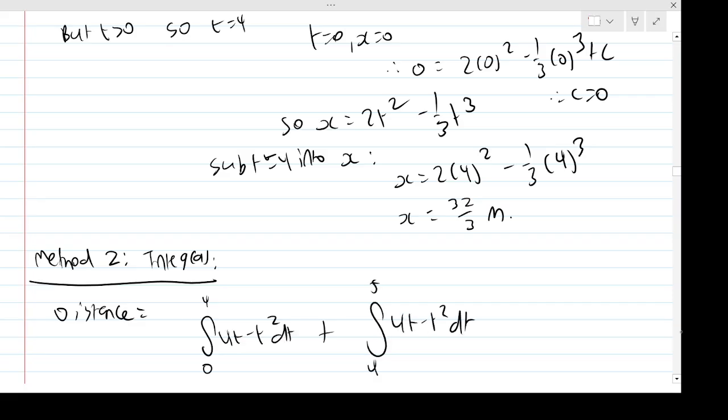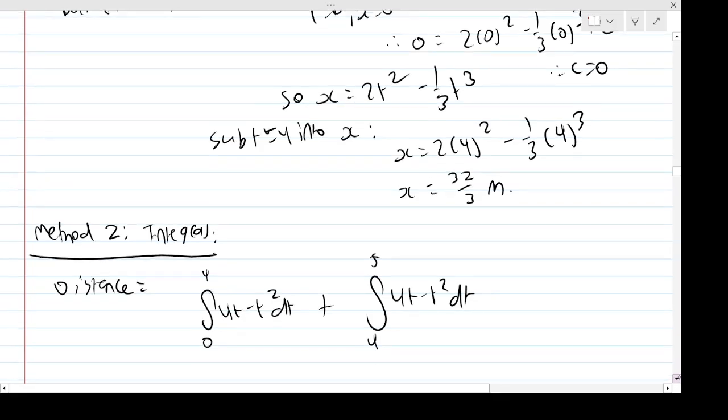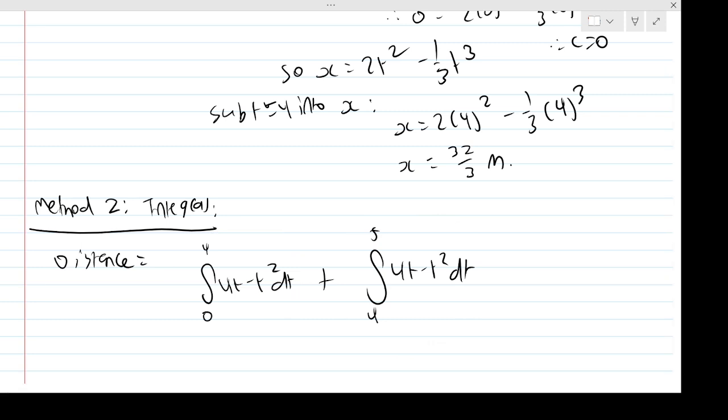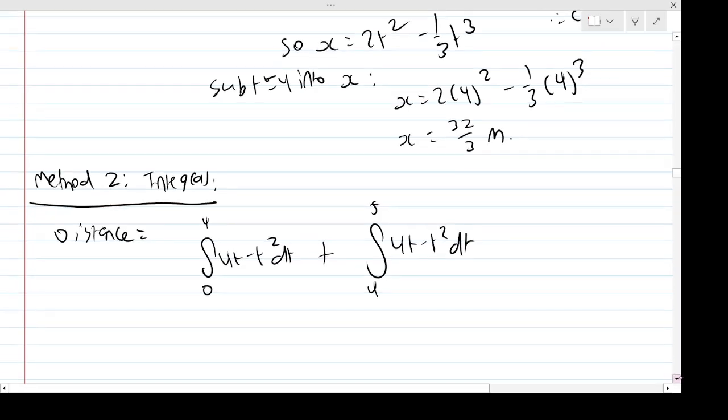The idea is I expect one of these integrals to be negative. I don't know which one, it doesn't matter. Again, if I sketch the graph, I'd be able to spot which one, but I don't need to sketch the graph. So I need to compute these integrals separately, and then if one of them turns out to be negative, then I flip that to a positive. Okay, that's the whole idea.